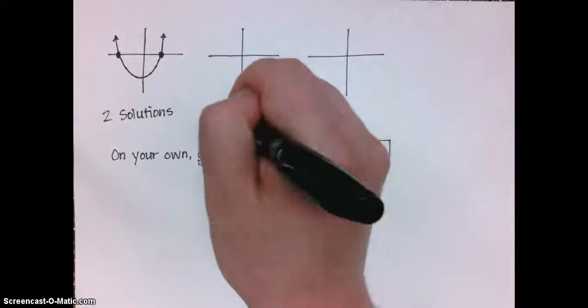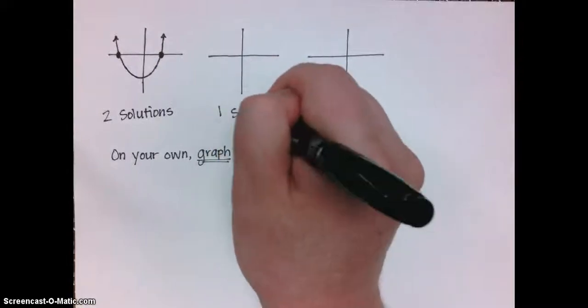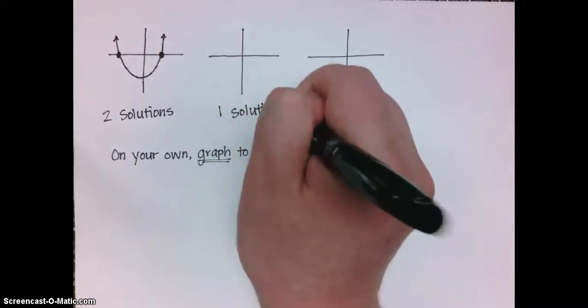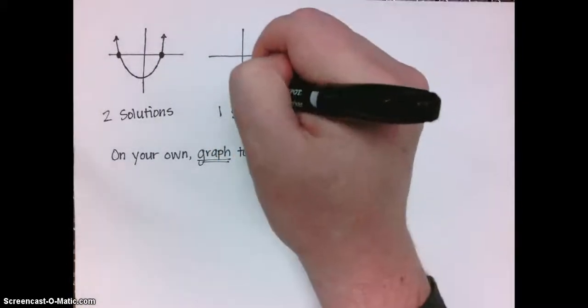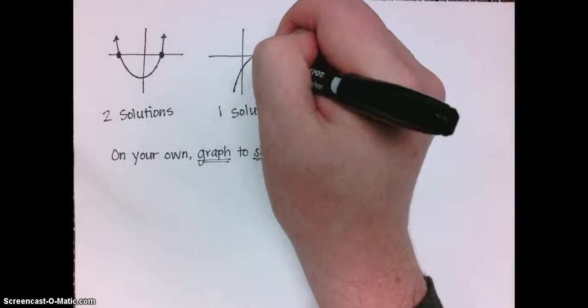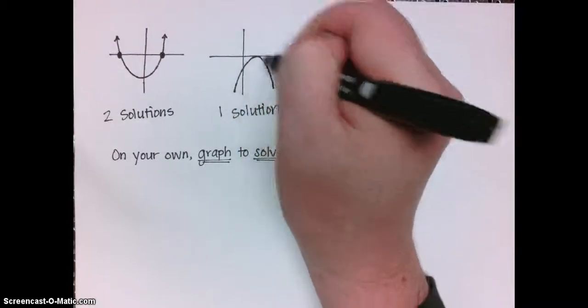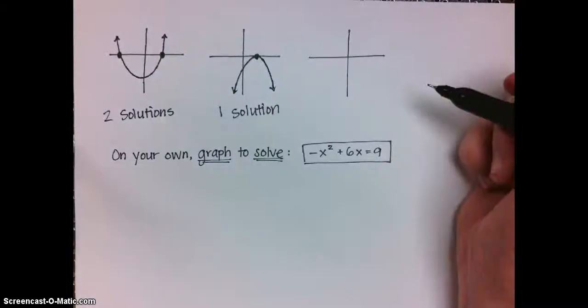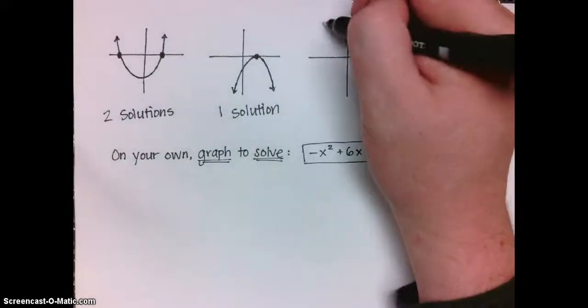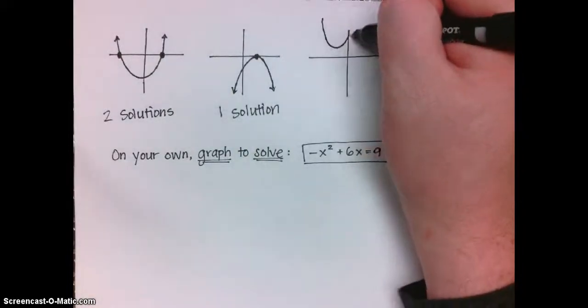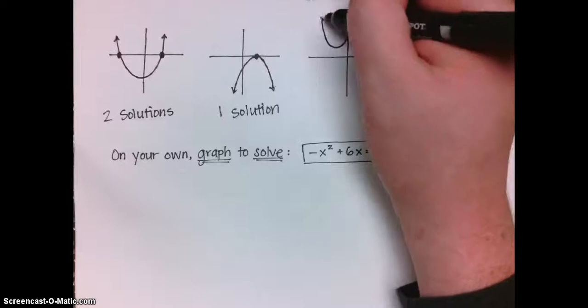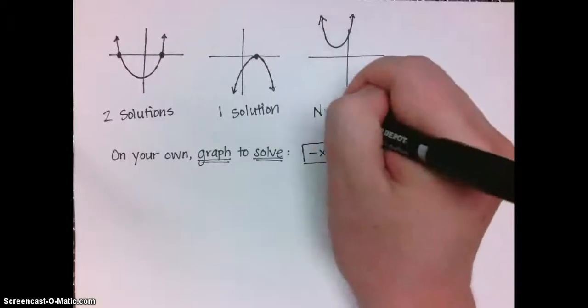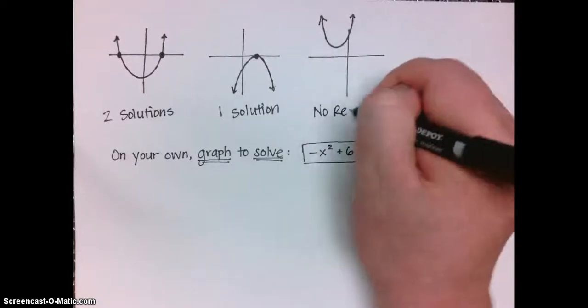If it has 1 solution, your parabola is going to be crossing the x-axis at just 1 point. So it's just barely going to be touching. It can go up or down. I'm going to draw a downward one. And if your parabola never even touches the x-axis, it will have no real solutions.